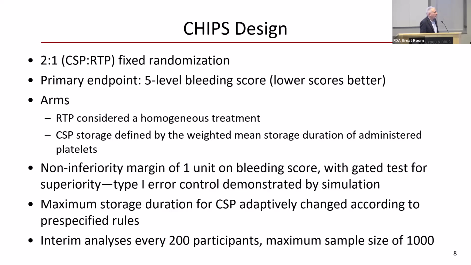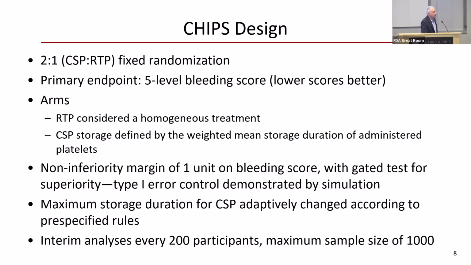The two arms are treated differently because we consider room temperature platelets to be a homogeneous treatment. Even though platelets can be stored from 0 to 5 days typically, the processing time means that most room temperature platelets are 3 to 5 days old at the time of transfusion, so we consider those to be a single treatment.